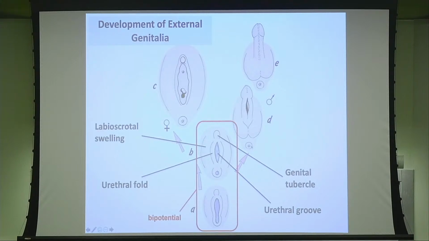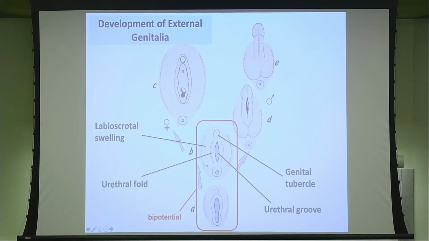Okay, what happens with the male pathway? In the male pathway, the genital tubercle elongates and actually develops into the penis. Okay, the labioscrotal swelling enlarges and develops the scrotum. And the urethral groove actually fuses and closes completely. If it doesn't close all the way, then you have something called hypospadias.